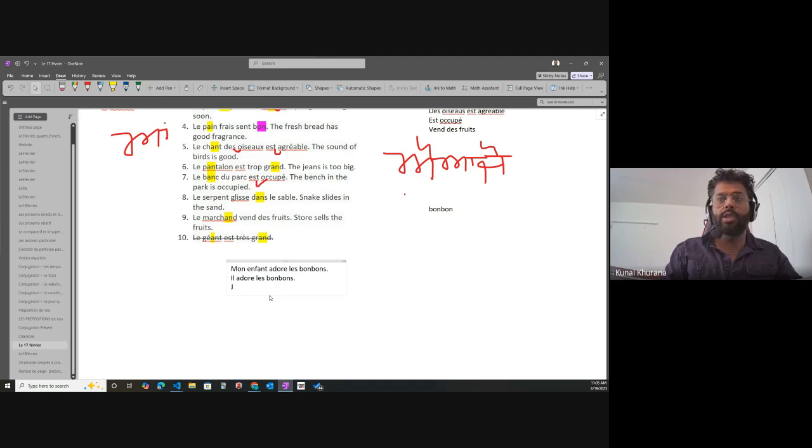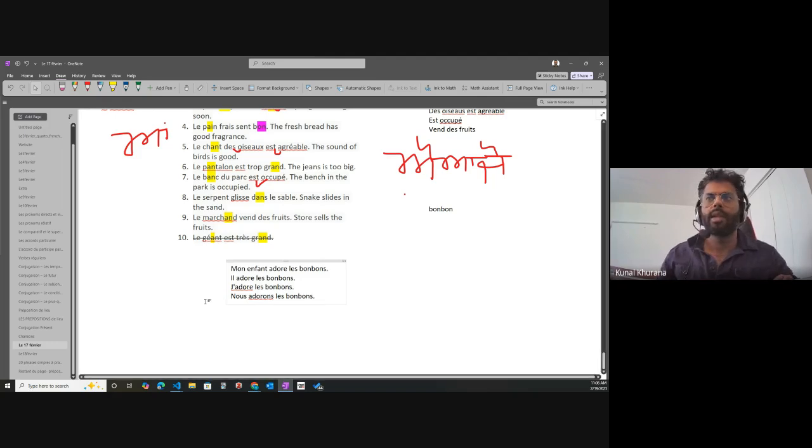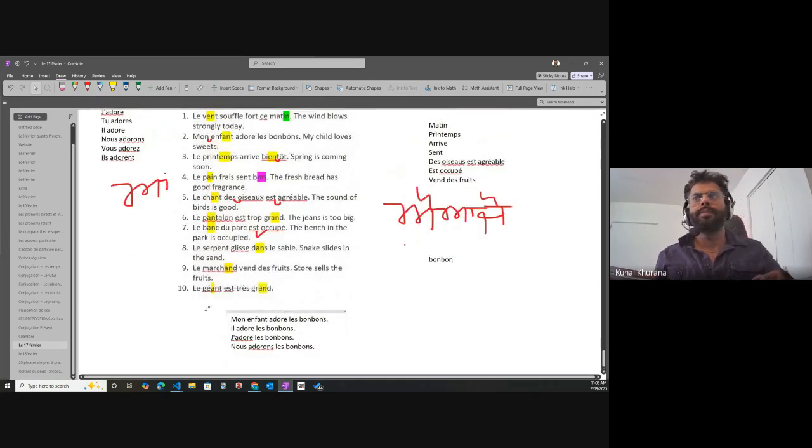Let's replace this now. J'adore les bonbons. I love the candies. Then you can play with that. And if you want to change it with nous adorons, then you have to change the verb as well.